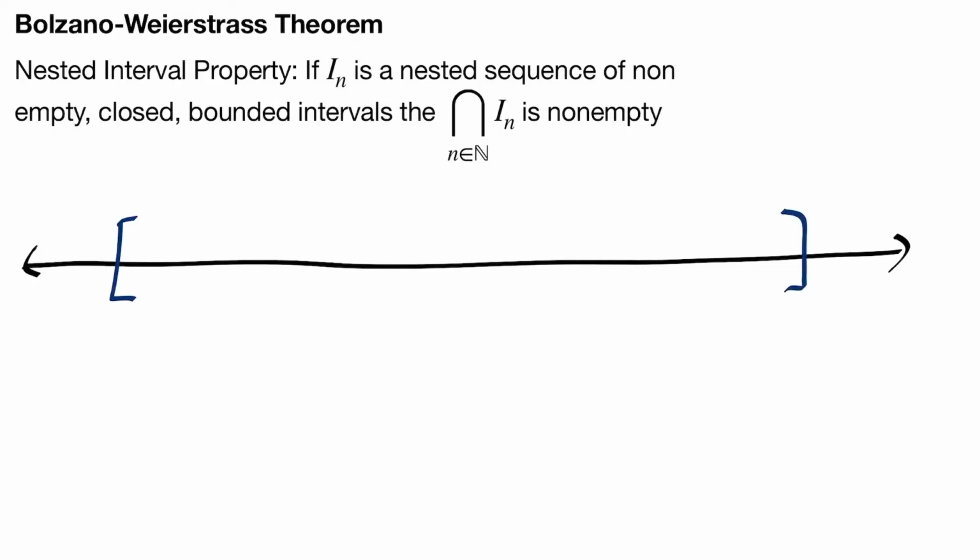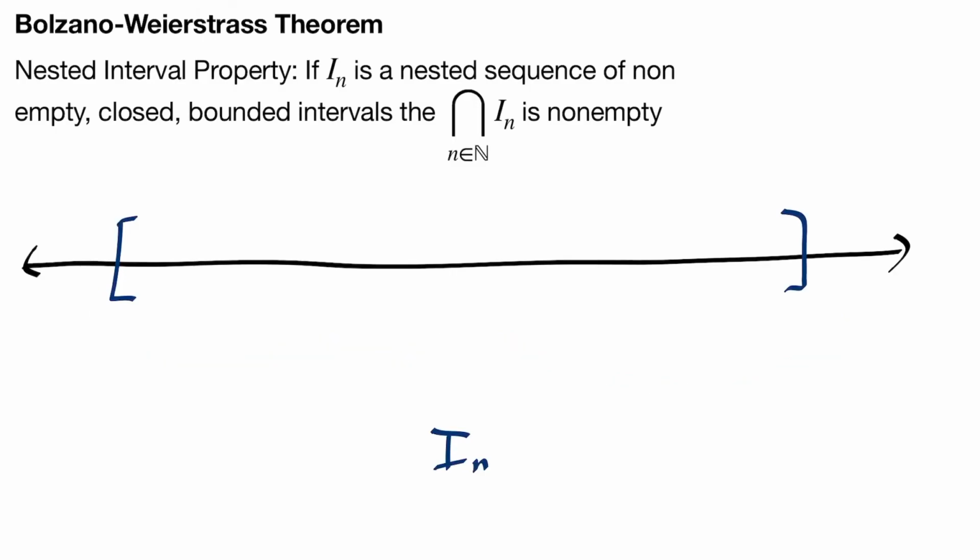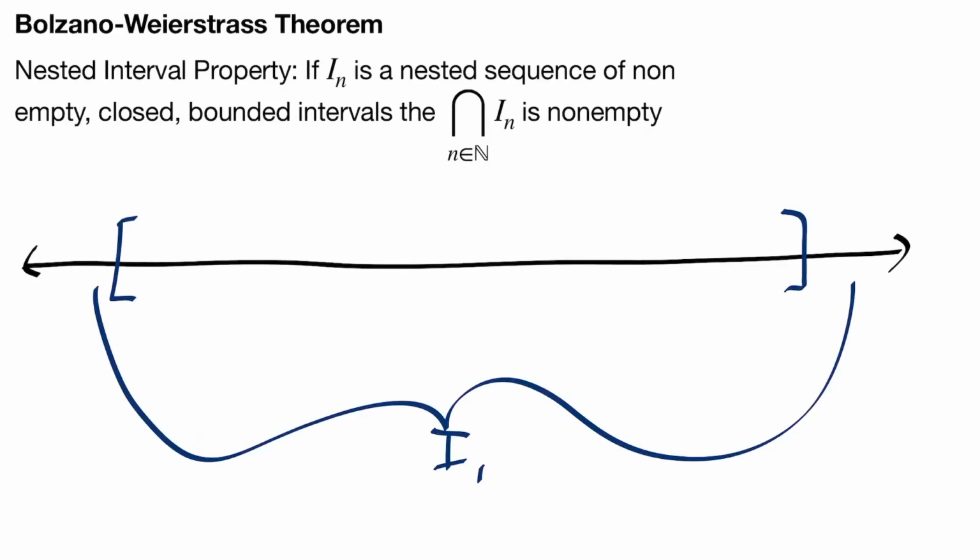They include our endpoints. Okay, and a nested interval, so this might be I1, would be that big bounded interval. But then a nested interval is an interval inside of it. Let's call that I1. And so inside of that, we might have another interval.